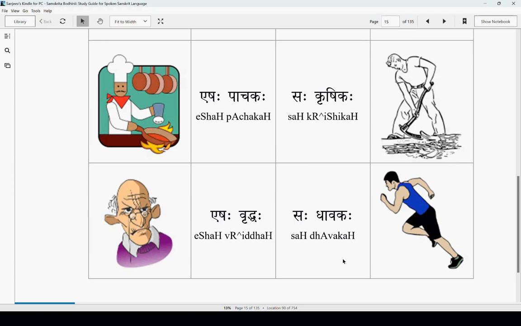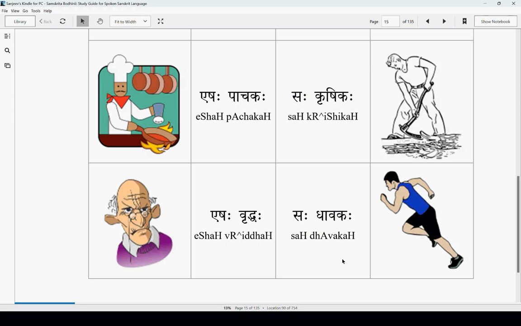But in English it could be like, this is a book, this is the book, to indicate a specific book. But here in Sanskritam we do not have such qualifiers to indicate one specific book, like the book or the boy or a boy.